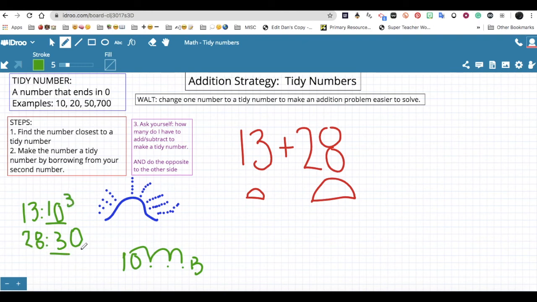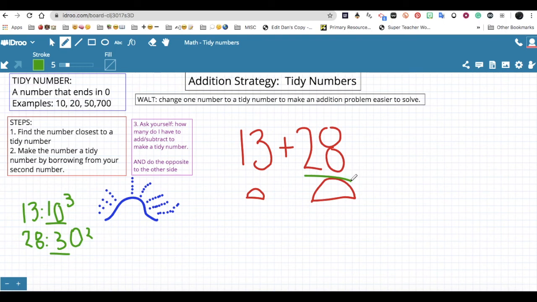To get from 28 to 30, I've got 28, then I go 29, 30. That is just adding 2. So which number is closest? The number that's closest is 28. Okay, so I'm going to go ahead and underline my 28 because that's my first step.